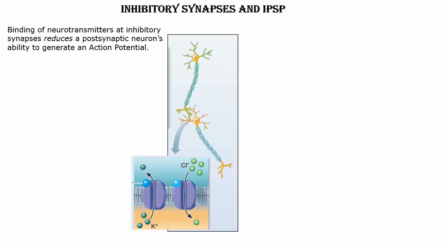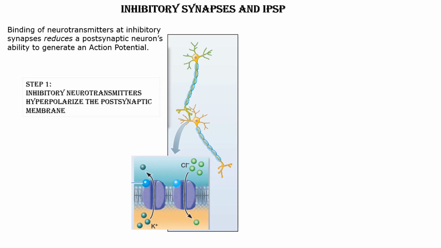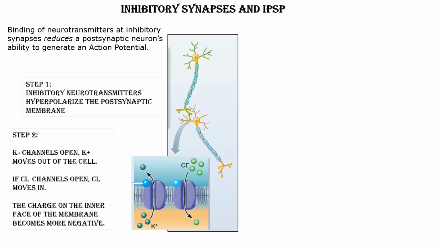Now, what happens in the case of an inhibitory synapse? Depending upon the nature of the neurotransmitter, those inhibitory neurotransmitters tend to hyperpolarize the postsynaptic neuron. And how do they do that? These inhibitory neurotransmitters sit on particular channels, which lead to the opening of the potassium channels, and hence potassium ions move out, whereas the opening of the chloride channel leads to the moving in of chloride ions.